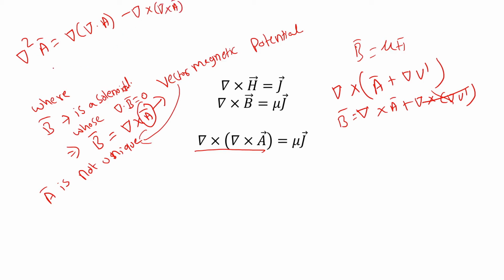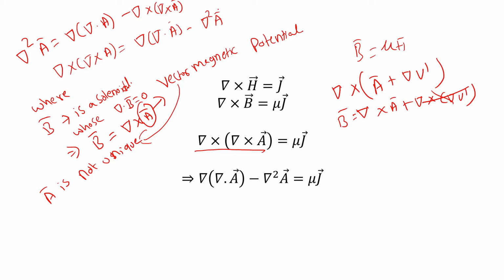Therefore, I can write the curl of the curl as equal to the gradient of its divergence minus the Laplacian of A bar. And this is equal to mu J bar.